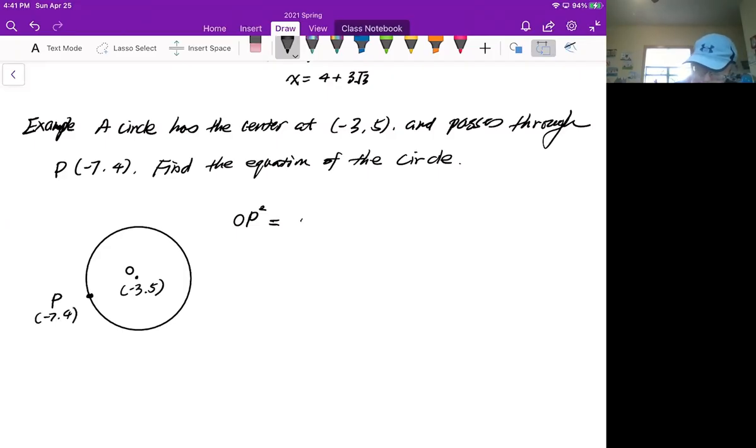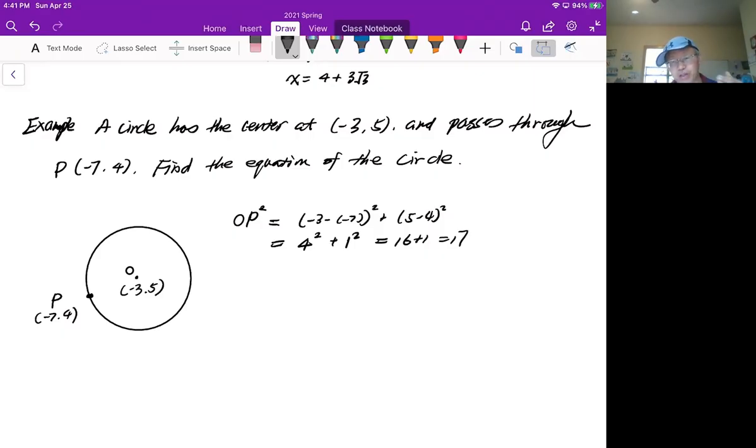I take the difference of x, take a square, and the difference of y, take a square. The first one is 4 squared, the second one is 1 squared. Everyone is good? That's the distance formula to figure out OP. So 16 plus 1 equals 17.